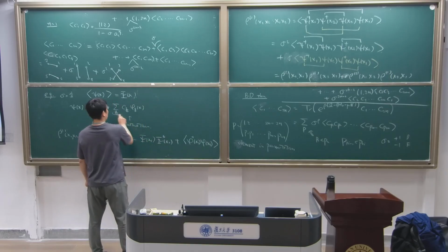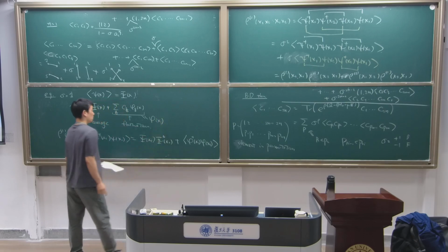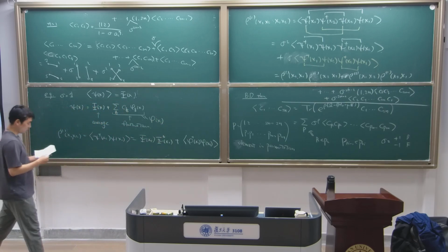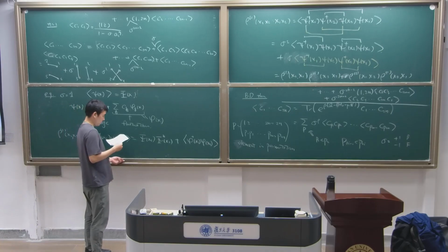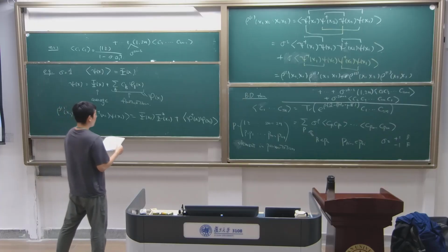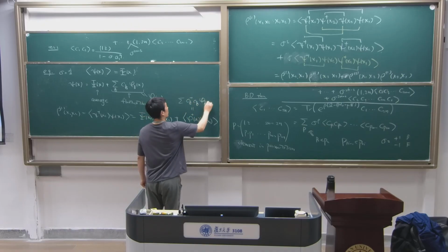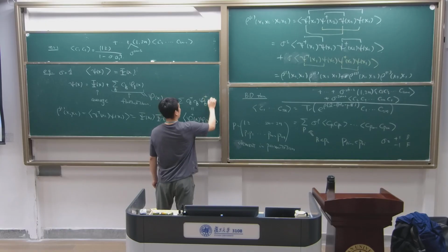I call this one the fluctuation part of the field phi of x, and this can be written as the sum of c_q dagger c_q and phi_q dagger phi_q.